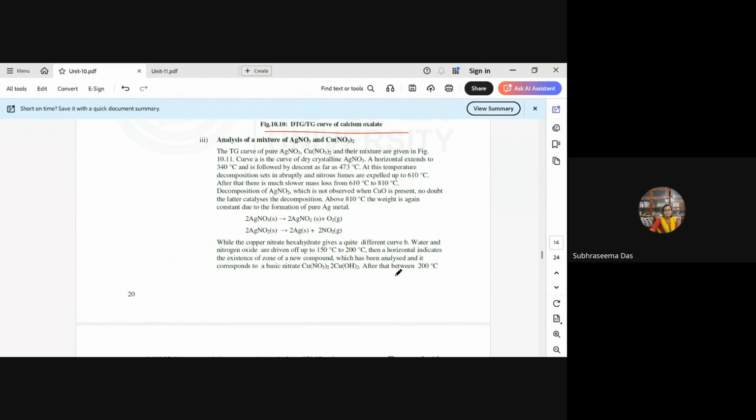In the first step, the silver nitrate decomposes to AgNO2 plus O2. Then the AgNO2 again decomposes to form Ag plus NO2, and beyond 800 degrees centigrade the weight remains constant, because pure Ag metal is present and there is no change in the mass of the Ag that was formed during the reaction.